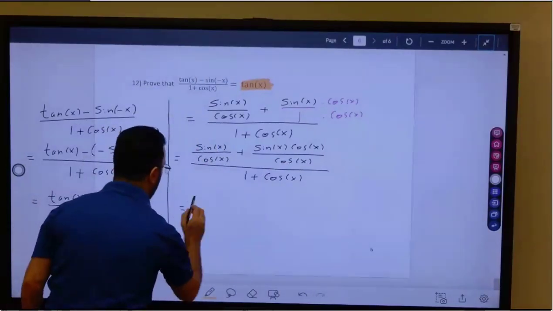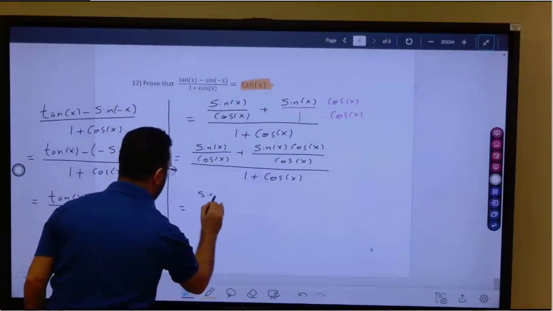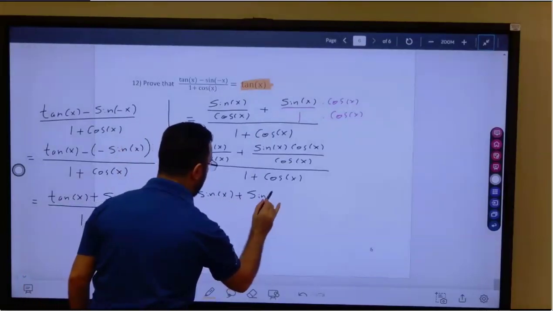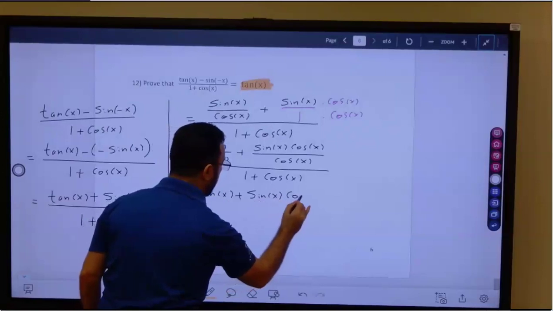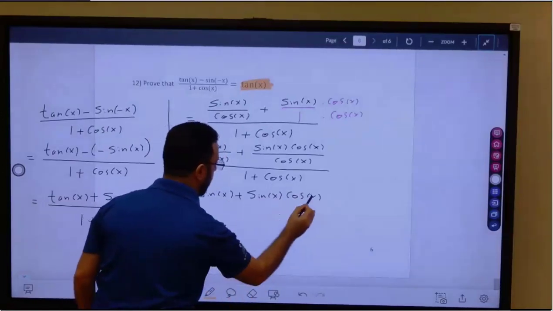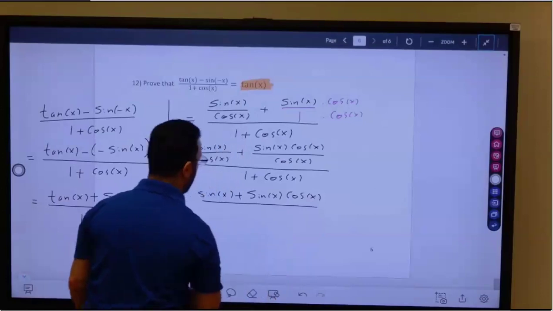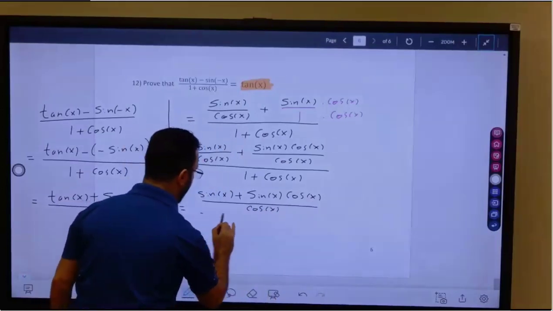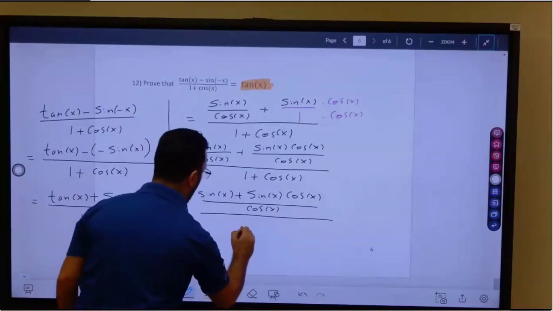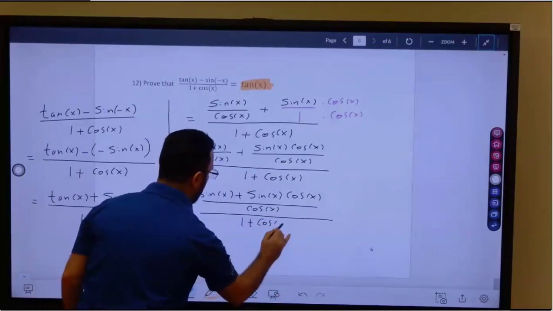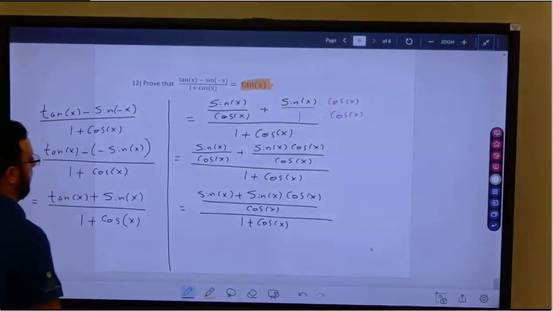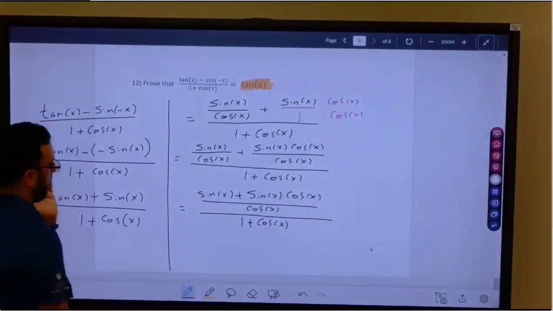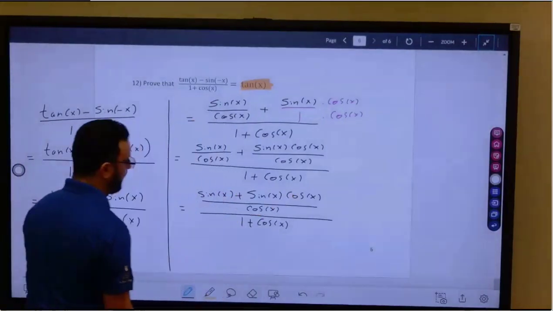So this is going to be sine x plus sine x cosine x, divided by cosine x, and everything divided by 1 plus cosine x. Now let's think. What's the next step I can do? From the top here, I can factor out the sine.